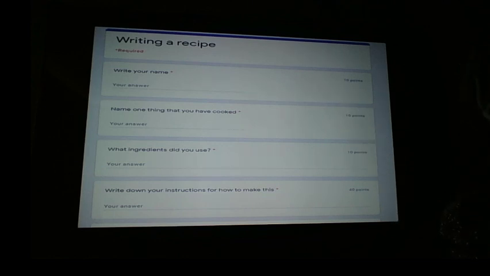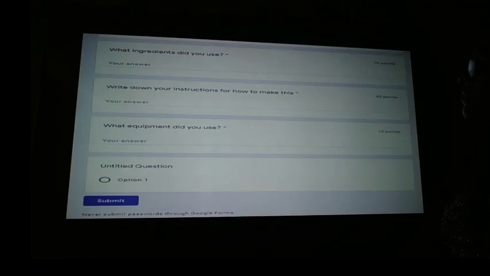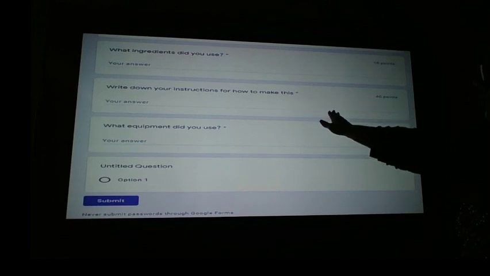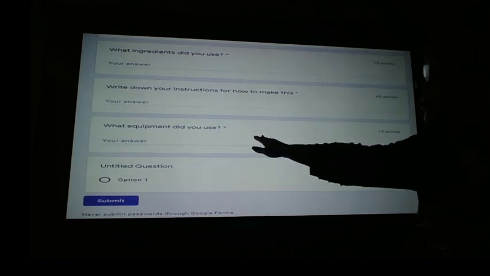And I'm really excited about seeing the type of recipes you might use. And I really liked Awaz's recipe because she wrote something about chicken, and I'm thinking, oh well, I cook chicken, how nice it would be to add those ingredients that I don't actually use at the moment. So finishing those answers: what ingredients, have you got some instructions, what equipment did you use?